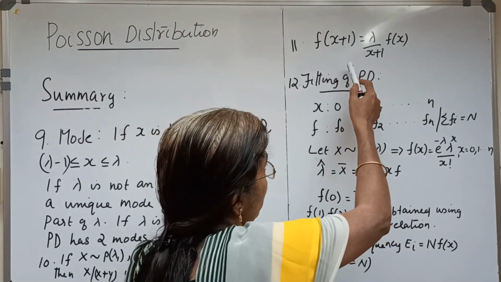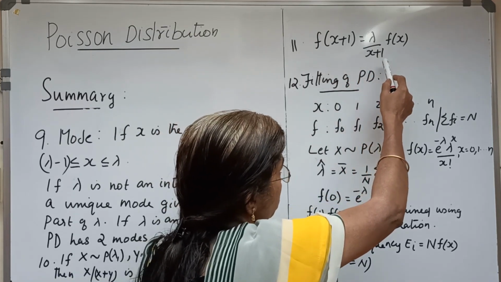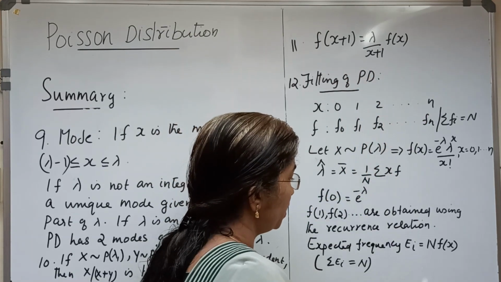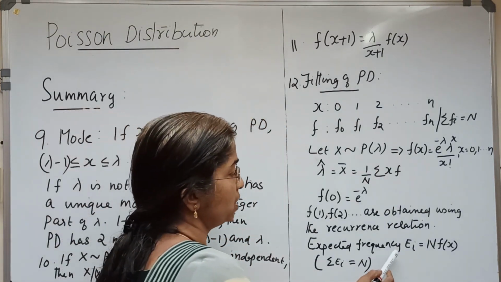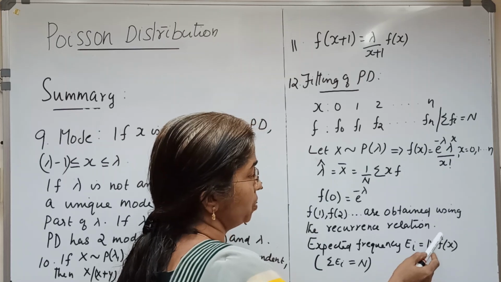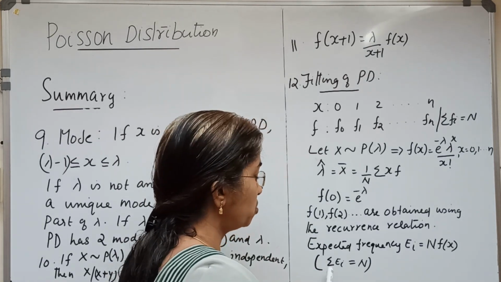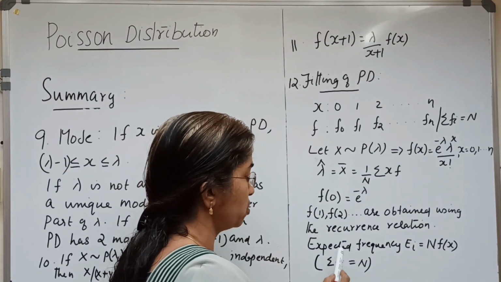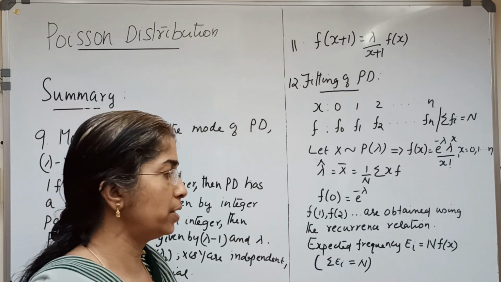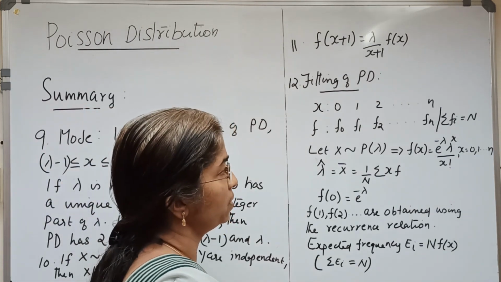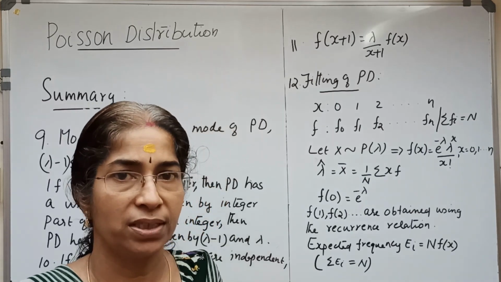X equal to 1, we get f of 2 as equal to lambda by 2 into f of 1, etc. And finally, expected frequency Ei equal to capital N into f of x. We have to confirm the total sigma Ei equal to capital N, and we can form it as a table, which is the expected frequency table.